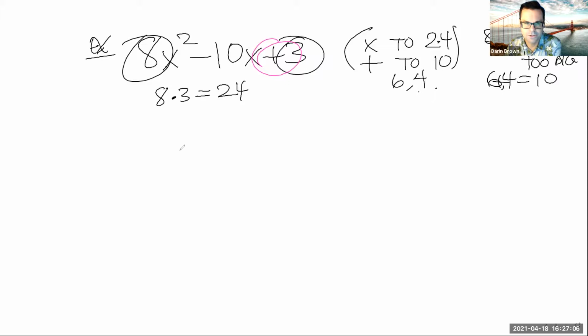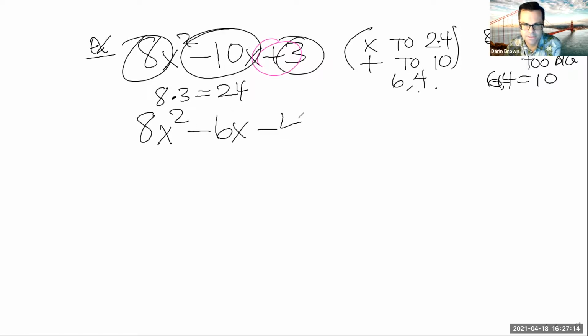So 6 and 4 are 2 numbers that multiply to 24 and add to 10. So then what we do is we take this minus 10x and we split it up. So this will split up as minus 6x minus 4x, right? Minus 10x splits up as minus 6x minus 4x. And now we factor by grouping.